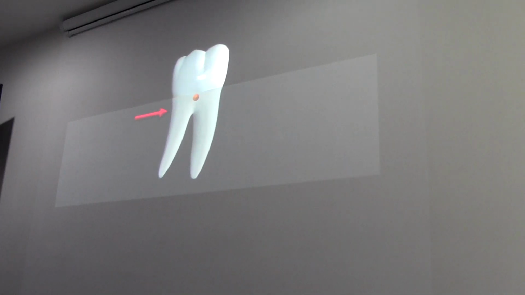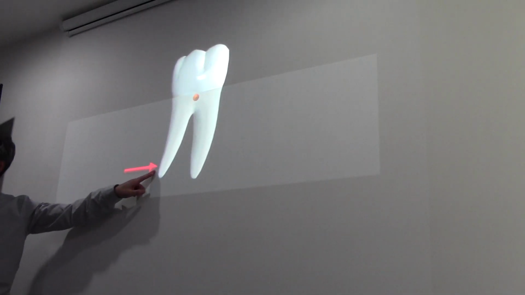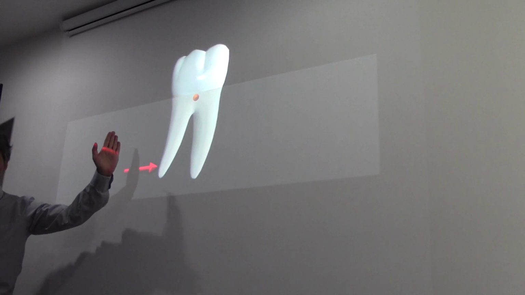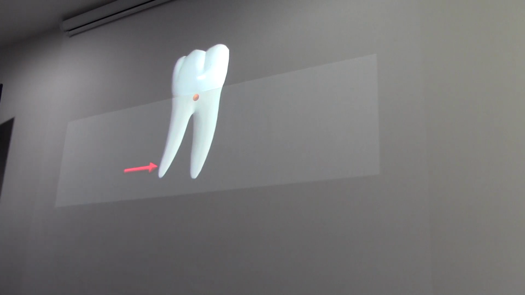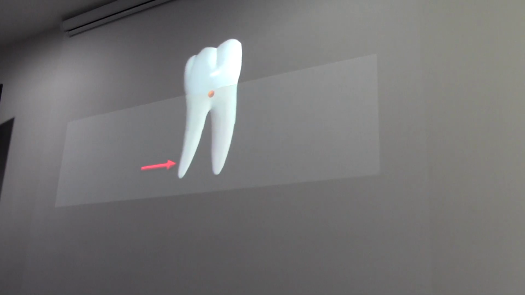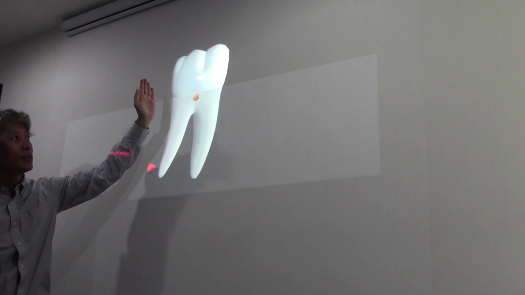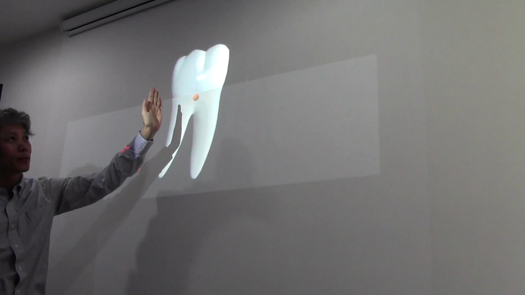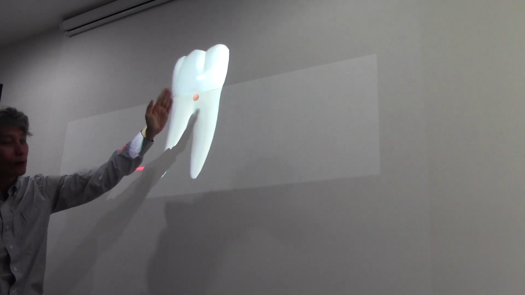Okay, so if you move the force downwards over here, the root is going to move rather than the crown, something like this. Okay? So up here, it moves, but tips counterclockwise.